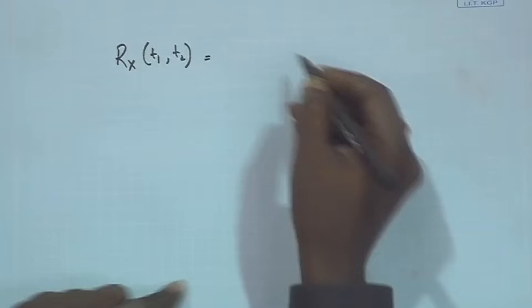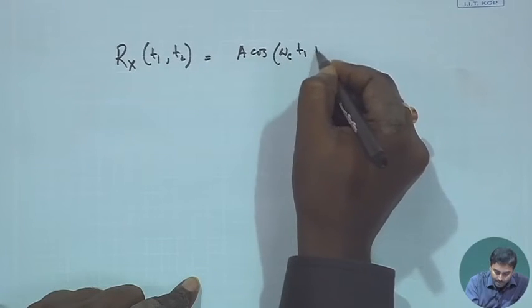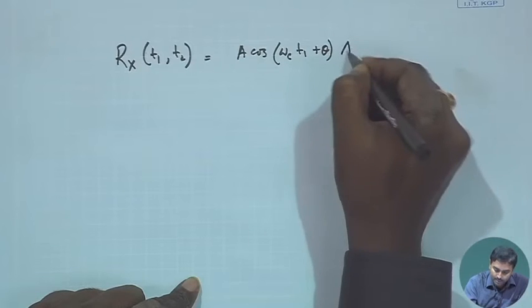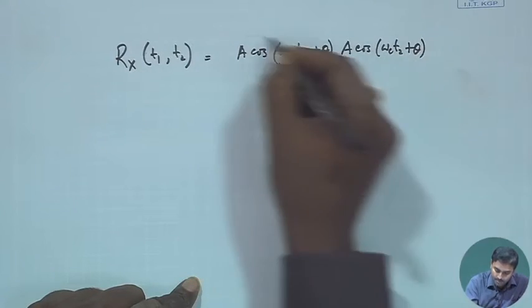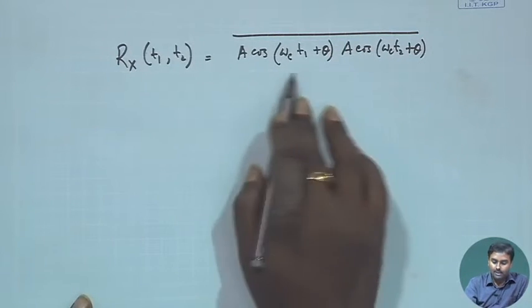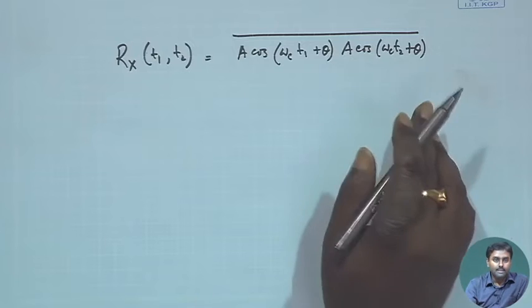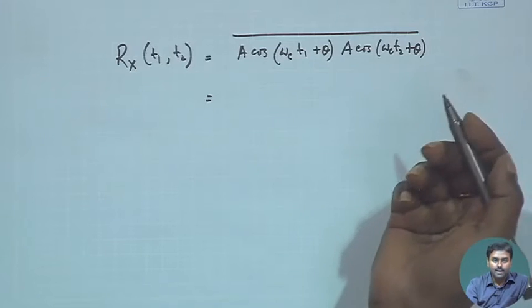So, this must be A cos omega c T1 plus theta into A cos omega c T2 plus theta average. This is ensemble average. What is the variation? It is just theta variation. So, average again will be a functional average over theta random variable.